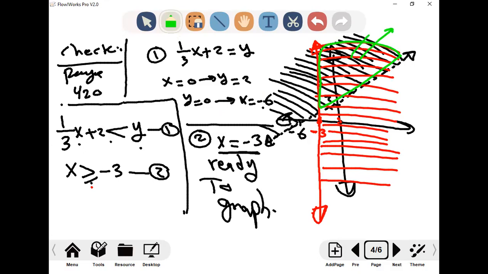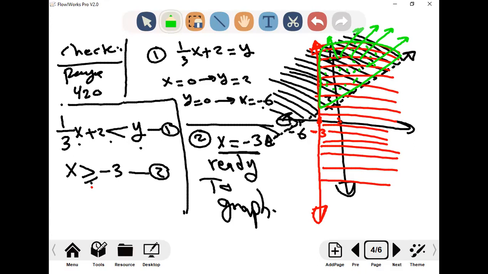This goes forever, for infinity. What does this mean? This means any point here is a solution for both inequalities. Got it?